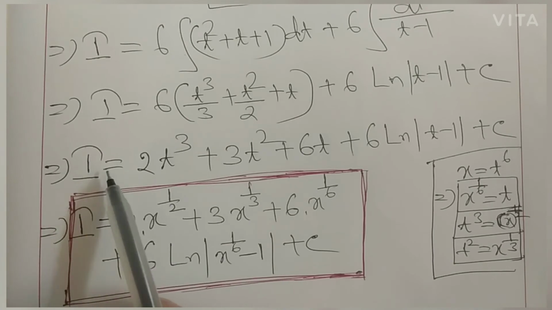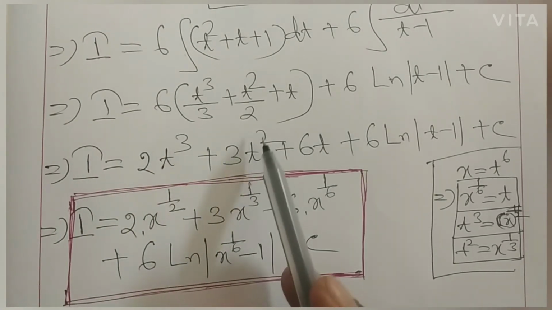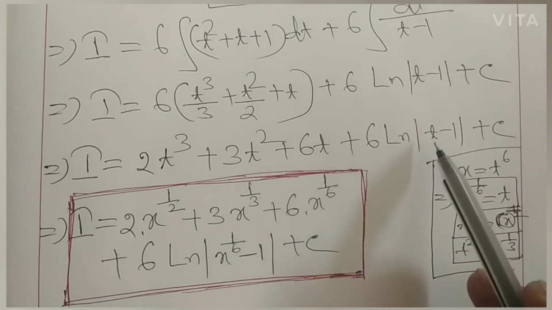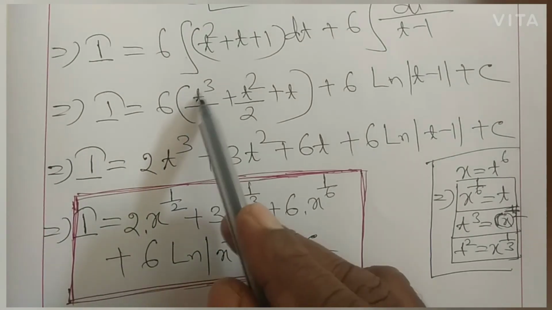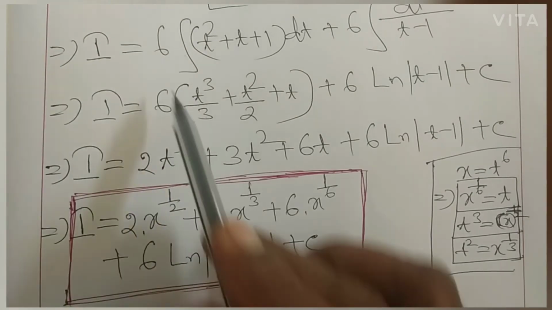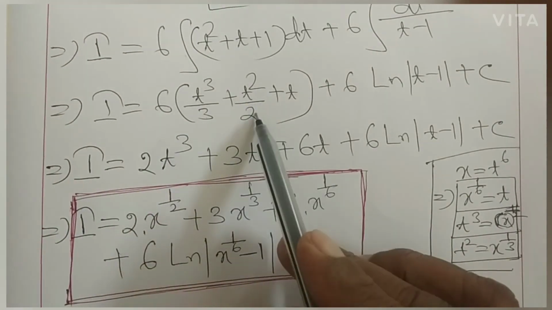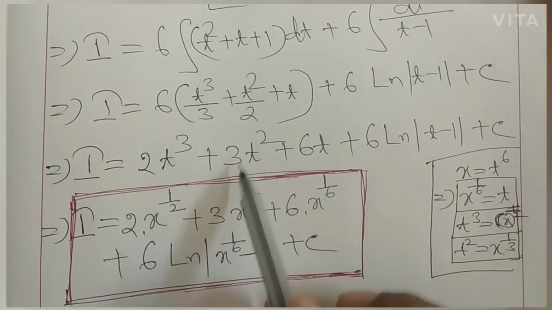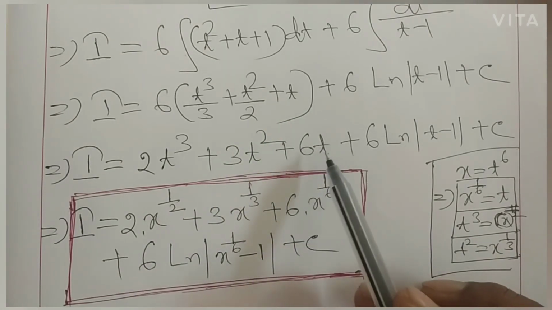So this implies I is equal to 2 into t to the power 3 plus 3 into t to the power 2 plus 6t plus 6 into ln modulus of t minus 1 plus c. Here 6 into t to the power 3 by 3 is 2 into t to the power 3, 6 into t square by 2 is 3 into t square, and 6 into t is 6t.